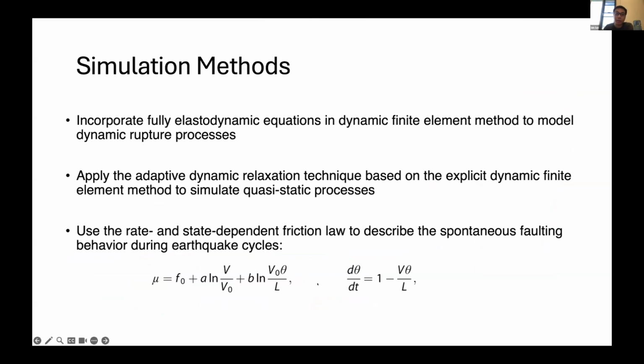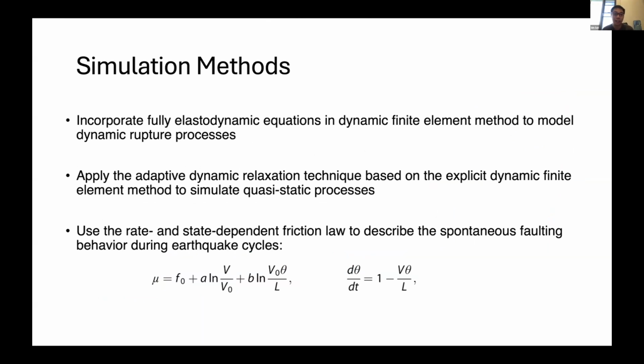So these are some of the components we want when we are trying to develop this earthquake cycle modeling code. There are, of course, many other different kinds of earthquake cycle modeling codes, from different perspectives using different levels of assumptions.